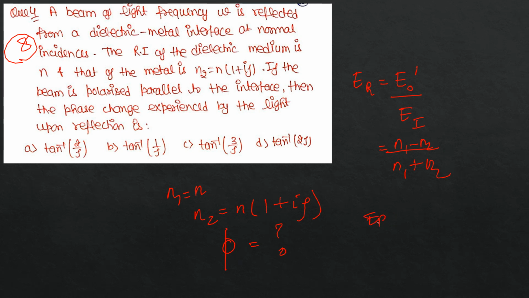So ER is equal to (N1 minus N2) by (N1 plus N2) times EI. Okay, let me write it again on the next slide. ER is equal to (N1 minus N2) by (N1 plus N2), sorry, EI.